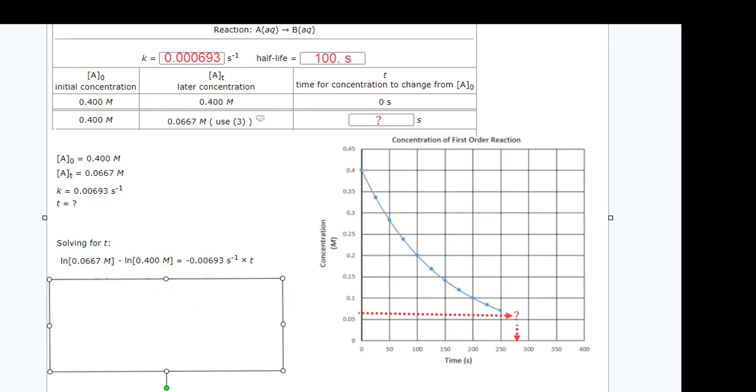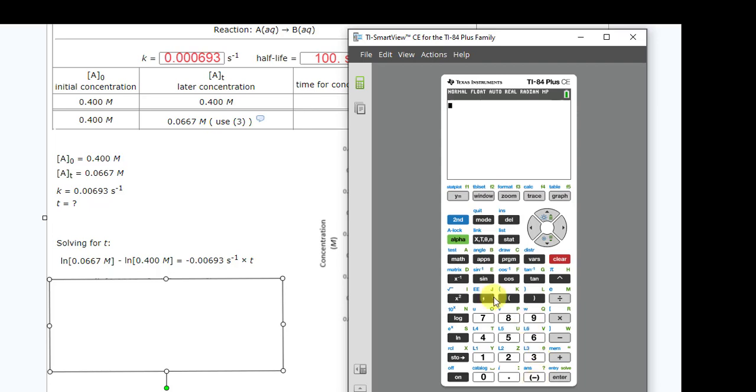In fact, let me pull my calculator up right now. Here we go. I'll take that natural log of 0.0667, and from that, I'll subtract the natural log of 0.4. That'll also be a negative number because it's less than 1.